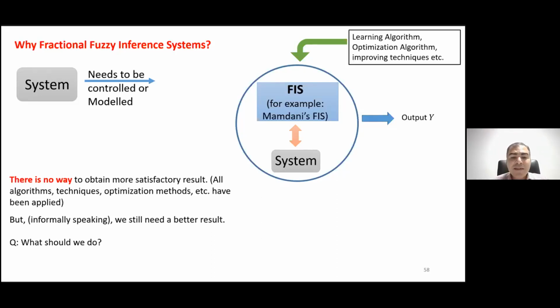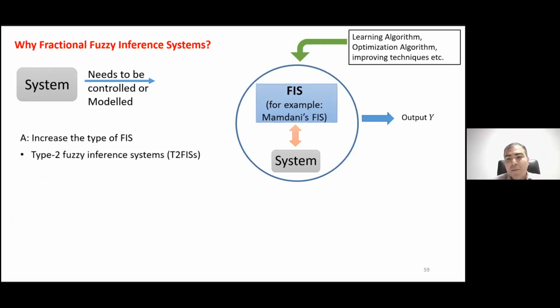And we still, or our, for example, our boss needs a better result, or we ourselves still need a better result. So what should we do? One may suggest that we increase the type of FIS.